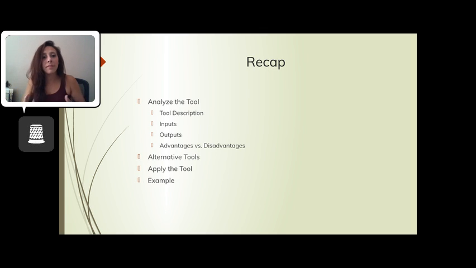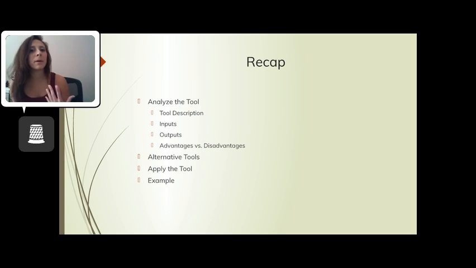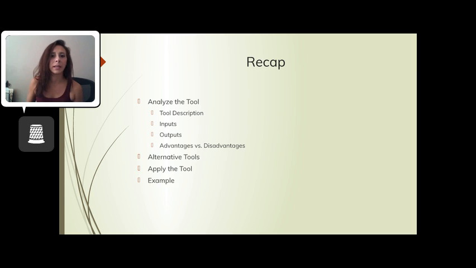So just to recap everything, we talked about analyzing the tool, which included a description. We went over the inputs, outputs, advantages and disadvantages. And then we talked about alternative tools. That was your interviews, your checklists, your check sheets, and stuff like that. The last piece that we talked about was applying the tool. That was going over the 10 steps from the textbook, okay?